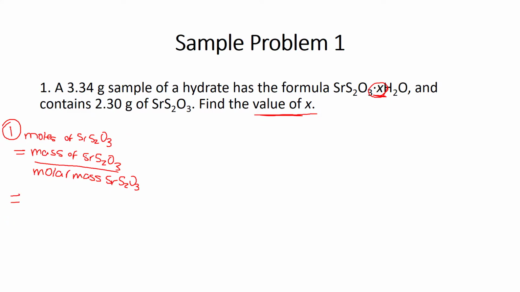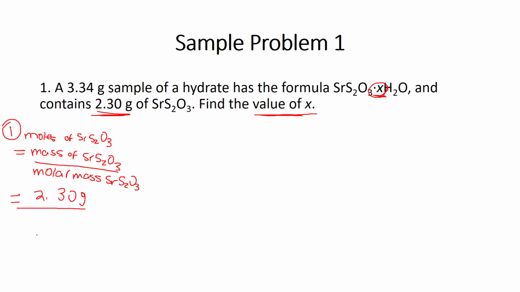The mass of SrS2O3 is 2.30 grams, so we're just going to write this at the top here. And the molar mass of SrS2O3 can be found using the periodic table.